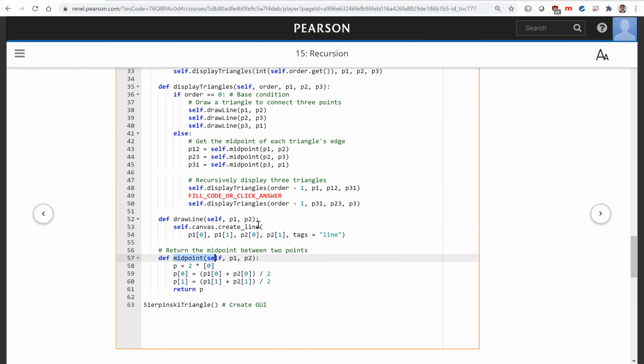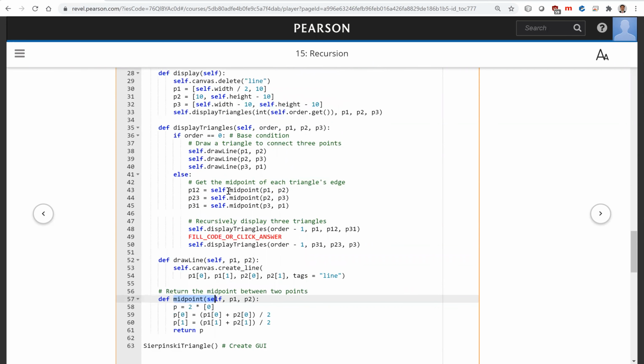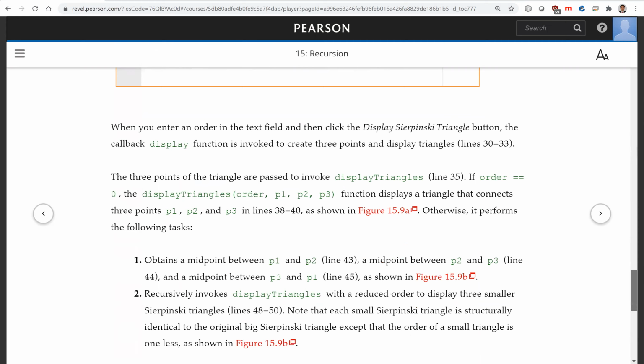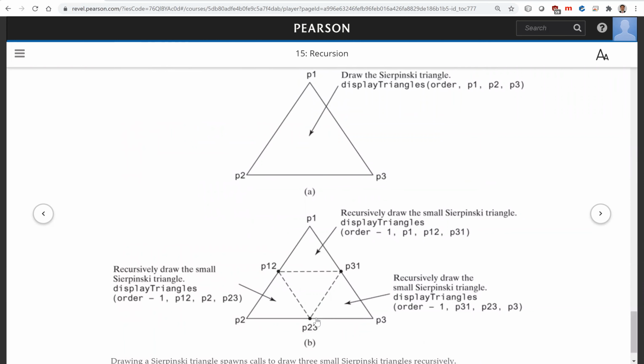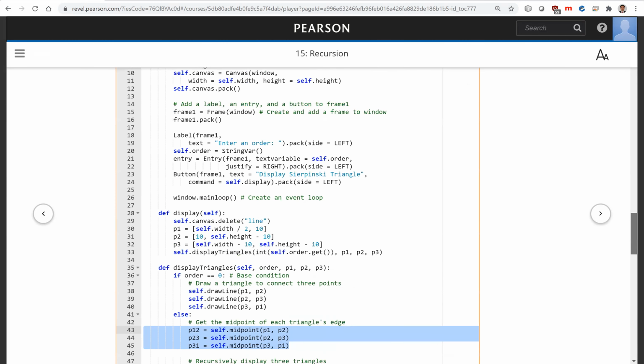You get 3 midpoints: 1-2, 2-3, 3-1. If you look at this diagram, this is 1-2, 2-3, 3-1. And now you're going to draw the 3 triangles.